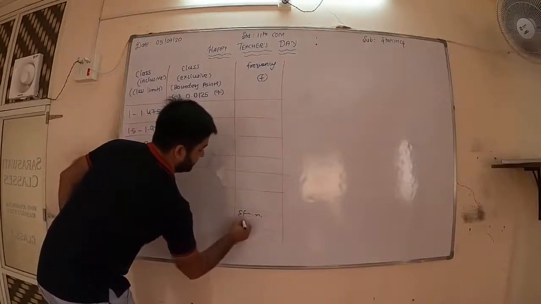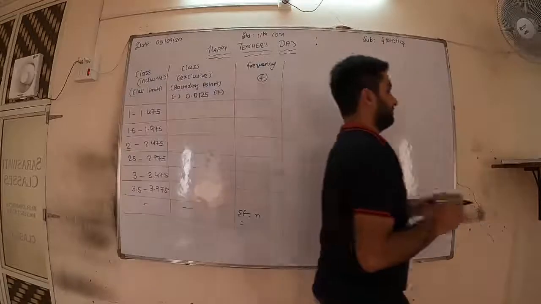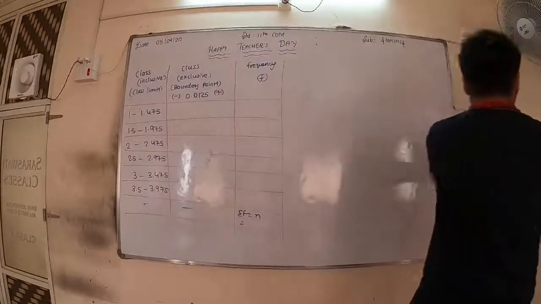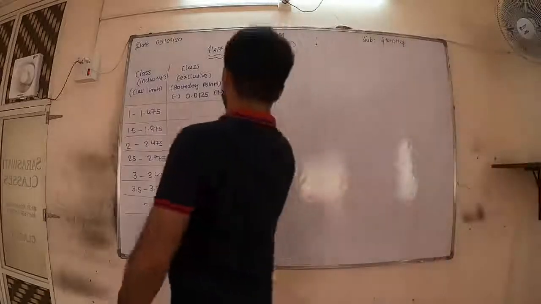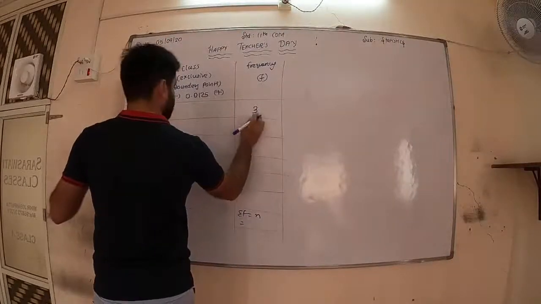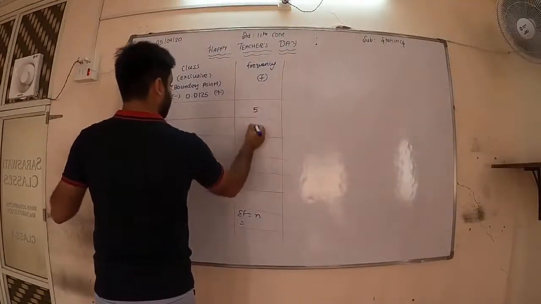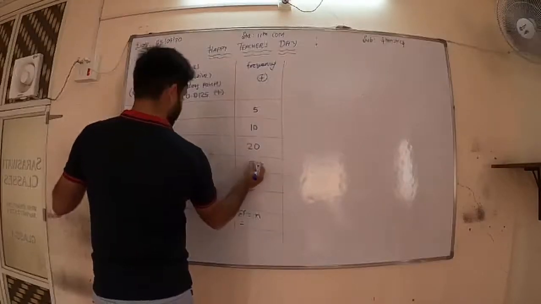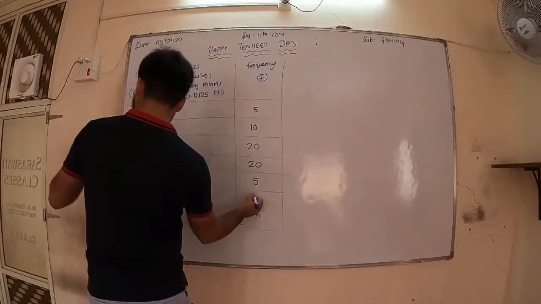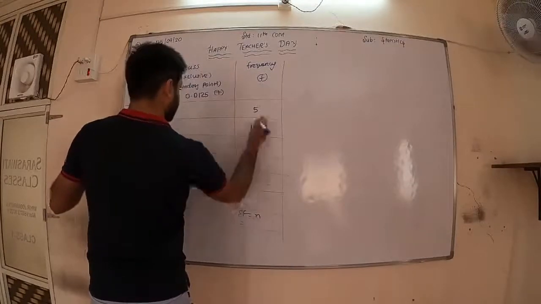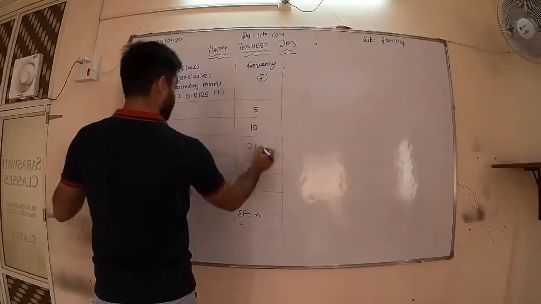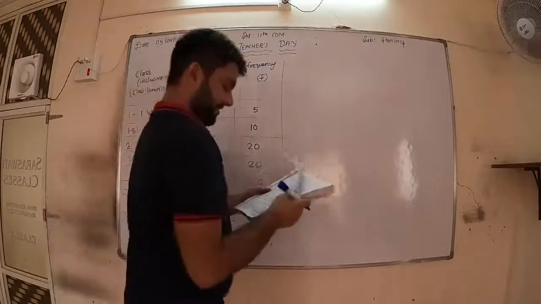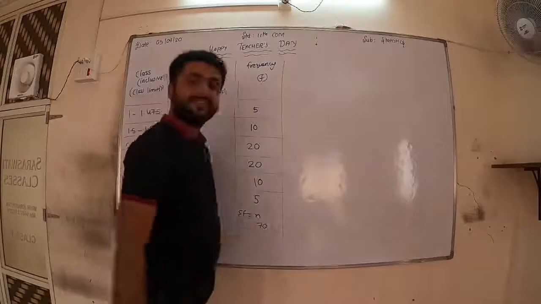Sigma f is equals to n is equals to, okay, frequency is then 5, 10, 20, 25, 5, 10, 20, 5, total equals to given as 70.